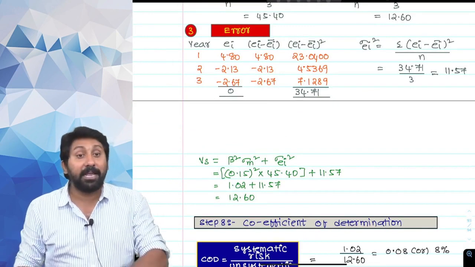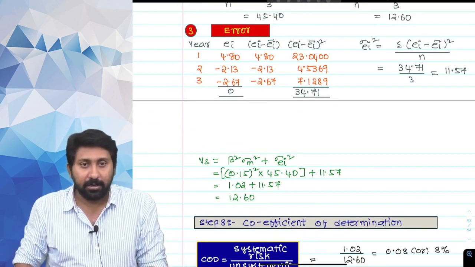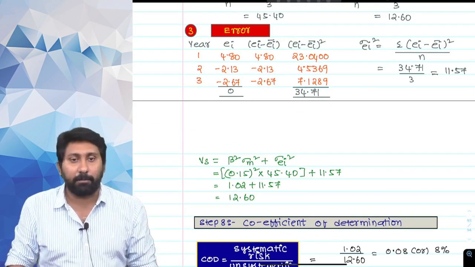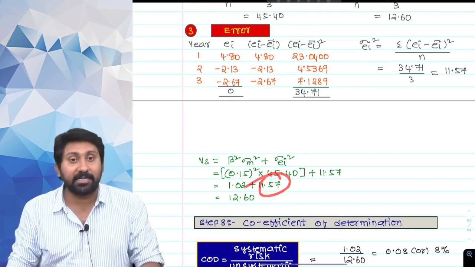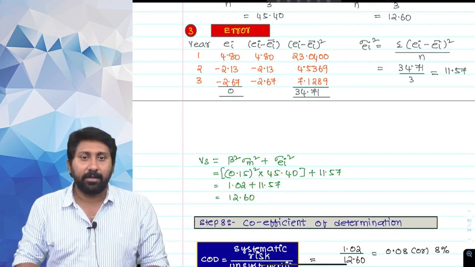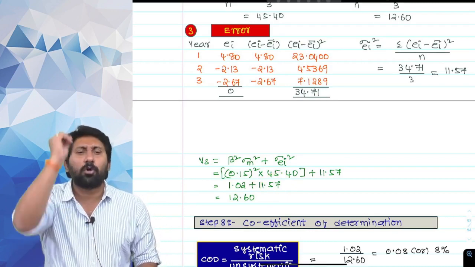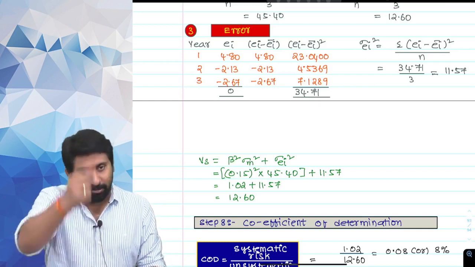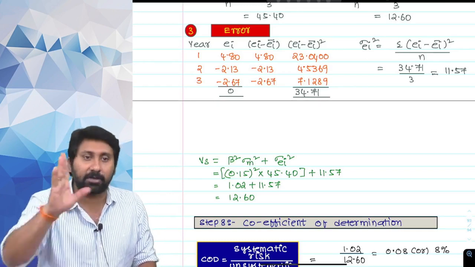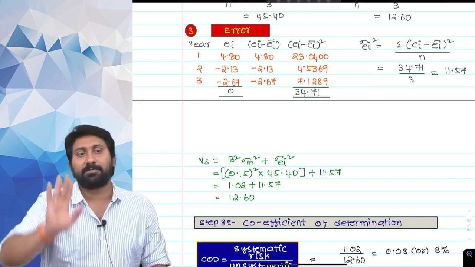So therefore, please disinvest in this company first, because in the total risk of 12.6, 11.57 is because of your company factors. That's what we call a beta of 0.15. Beta 0.15 is least correlated with the market, which means everything is your company problem. If return comes, it is because of the performance of your company; if risk comes, it is because of this company only.